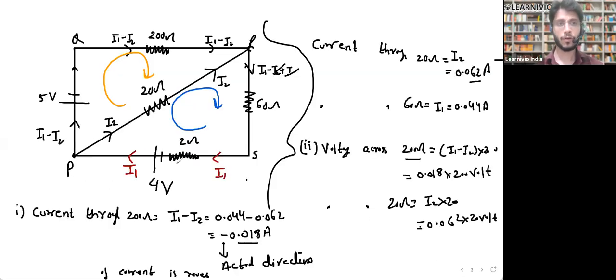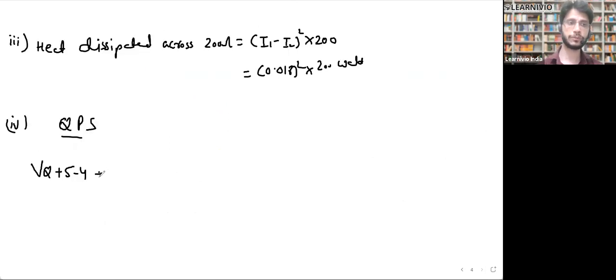Next, when I'm going through this one, I'm going in a direction opposite to that of current. This is the direction of current. Current is going to the left. I'm going to the right. So it will be plus 2I1.